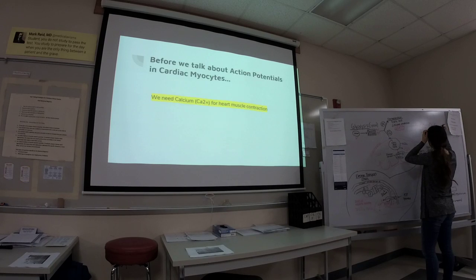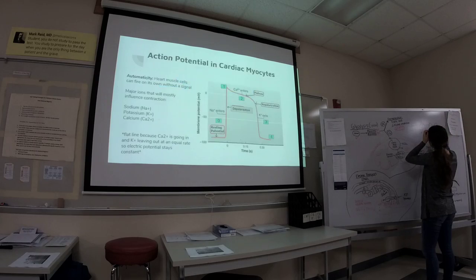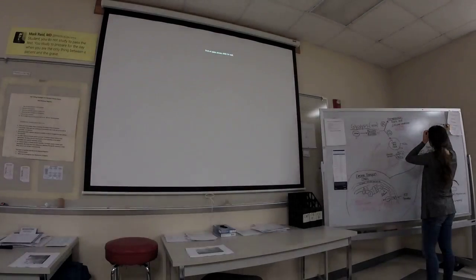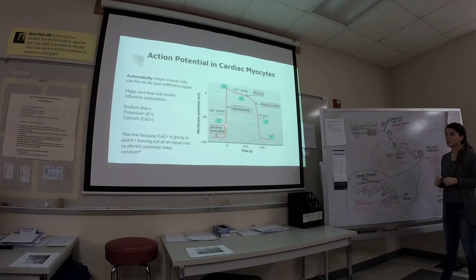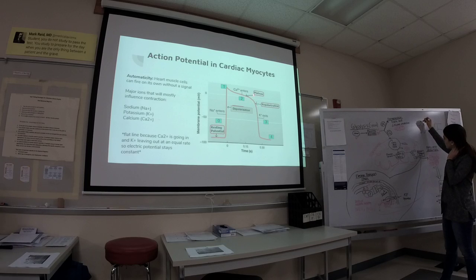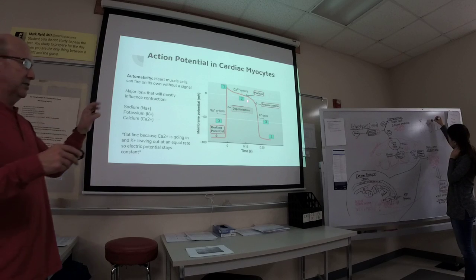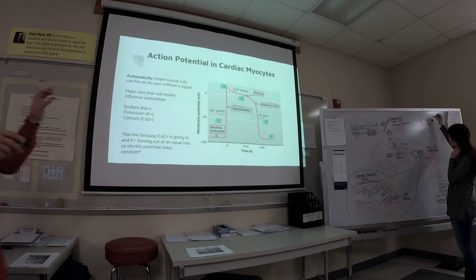So let me flip back over to this. Whoops, one too far. You will need to know these different phases and what takes place in them. As we go forward, we look at the action potential of this cardiac cell and this calcium influx here.